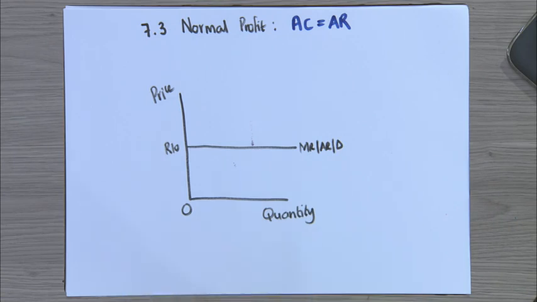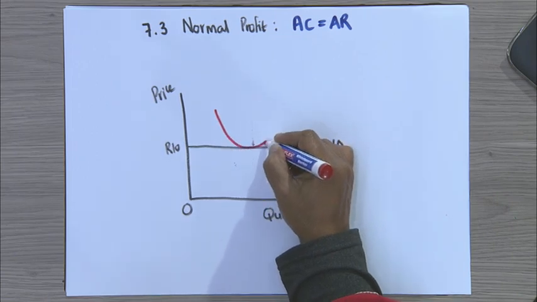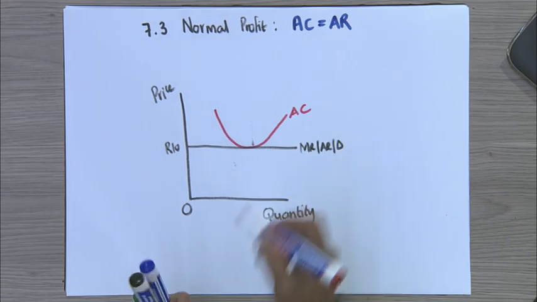So now it's equal. So I must make sure that the AC is tangential to the AR.